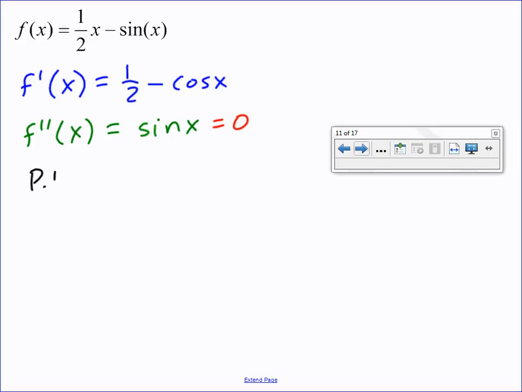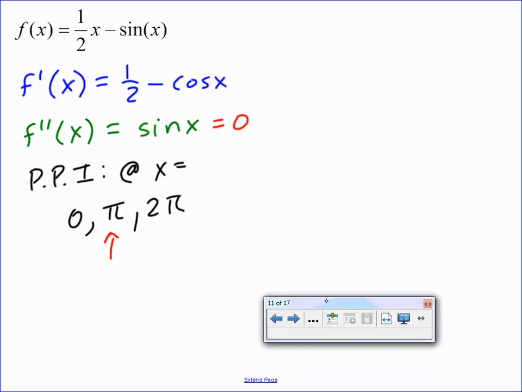I've got possible points of inflection at x equals 0, well that's an endpoint, pi and 2 pi. So while 0, pi, and 2 pi are all on my interval, 0 and 2 pi are endpoints.